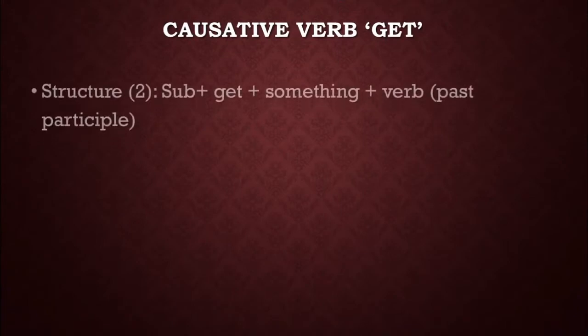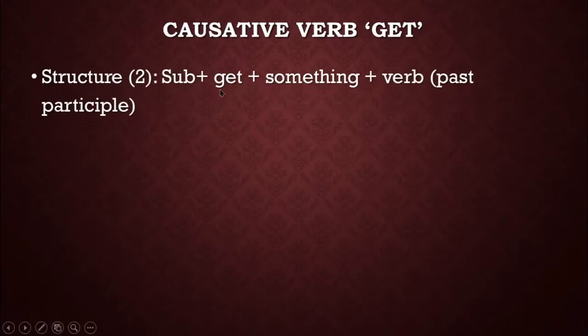This structure is about using get with something. That means when the verb get makes something work. So this causative verb get cannot work directly, but get makes something work.